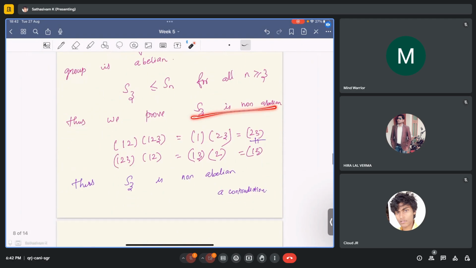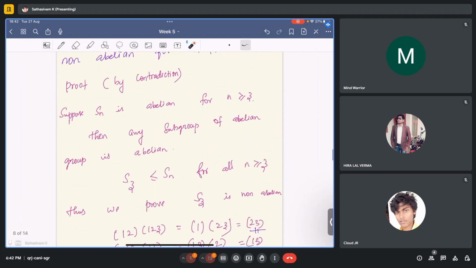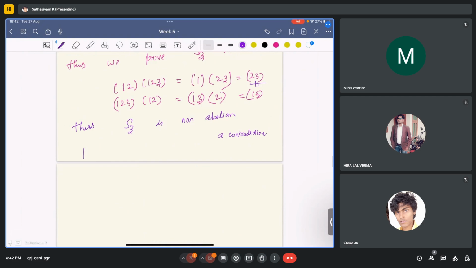But we just proved that S3 is non-abelian. So it's a contradiction, and thus this statement is not true. So Sn is non-abelian for all n greater than or equal to 3.